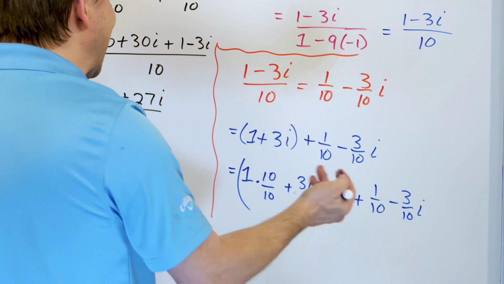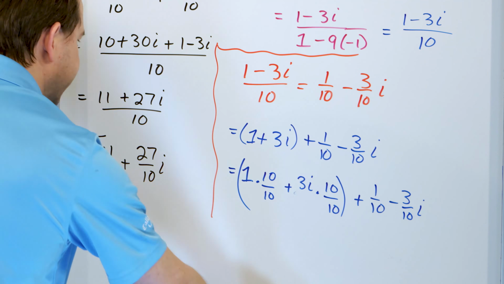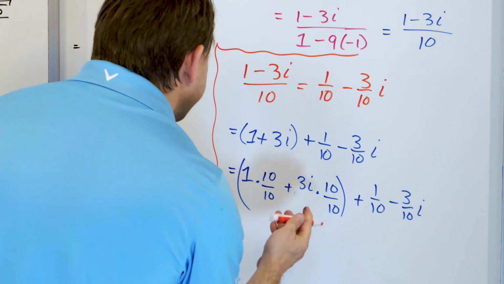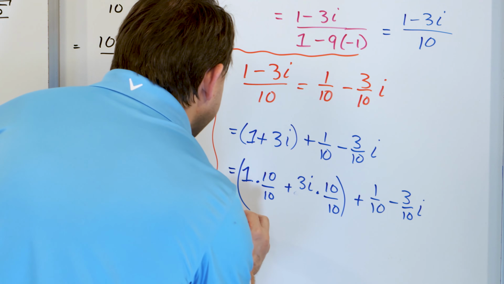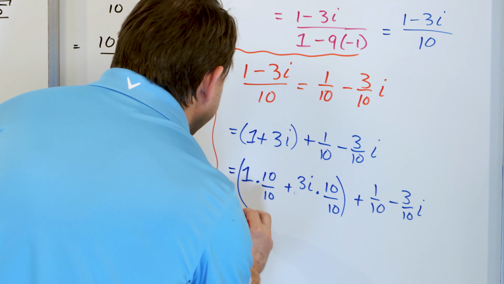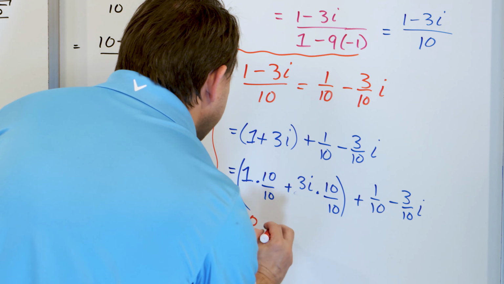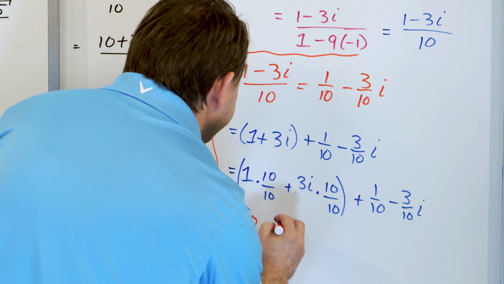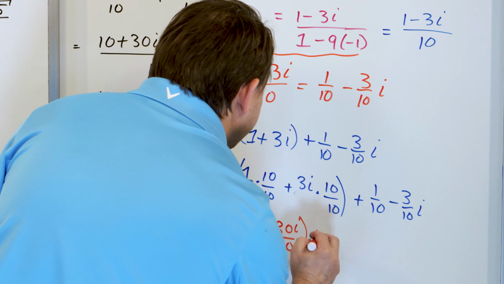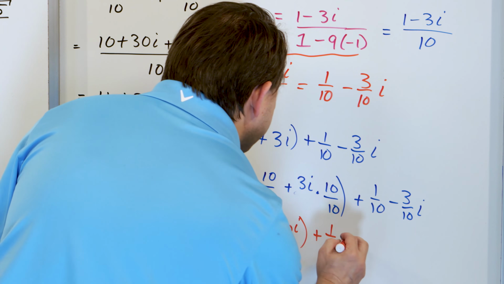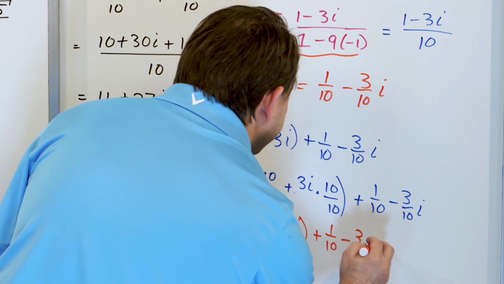You see, you're doing exactly the same thing as we did before, and this is why I'm showing you this. But if you were to get it down like this, this would be 10 over 10. So let's just go ahead and do it fully. 10 over 10 plus, this is 30i over 10. That's that number. And you're going to add to it 1/10 minus 3/10 i.